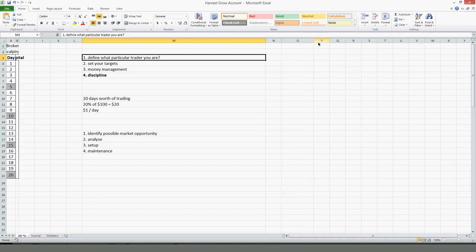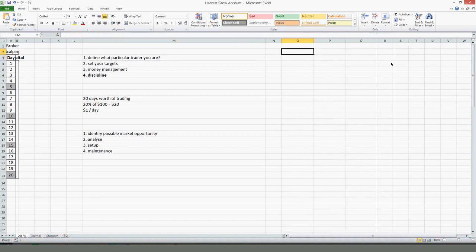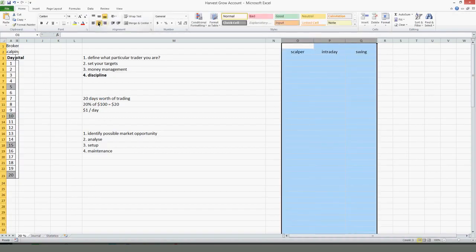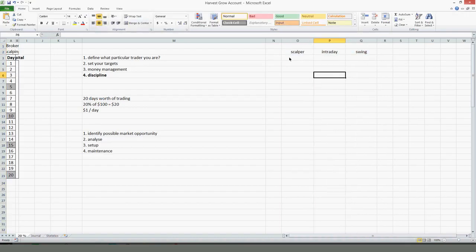There are three types of trading. That's scalping, which I always do, scalper, and then you have intraday, and you have swing. These are the three types of trading.